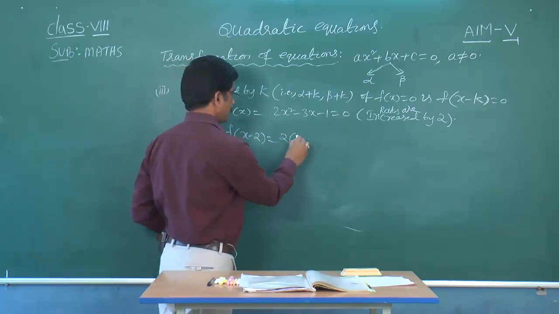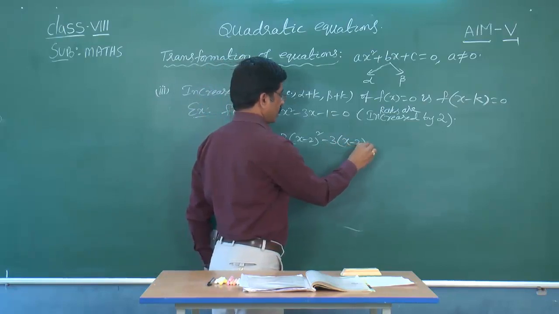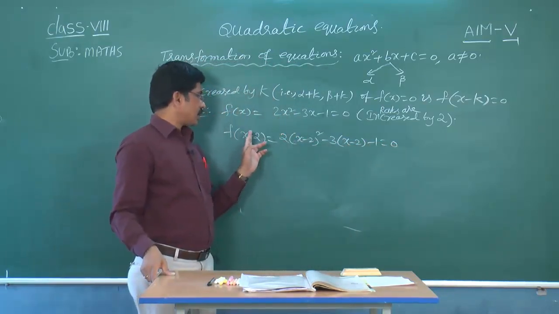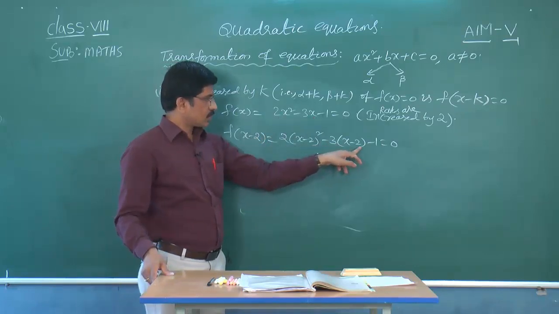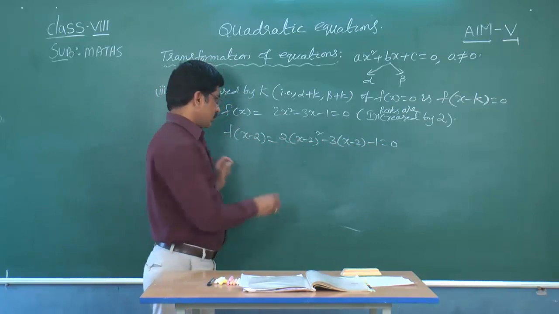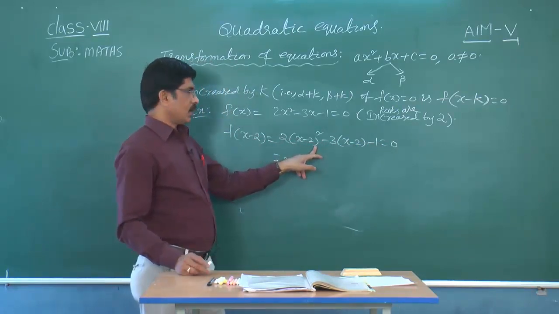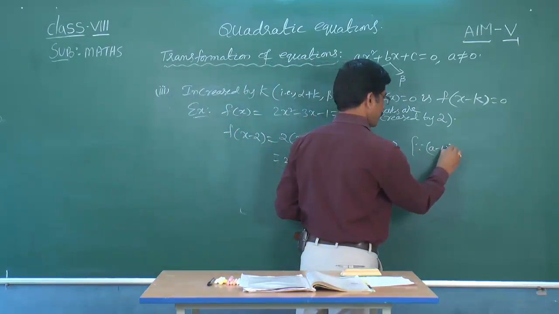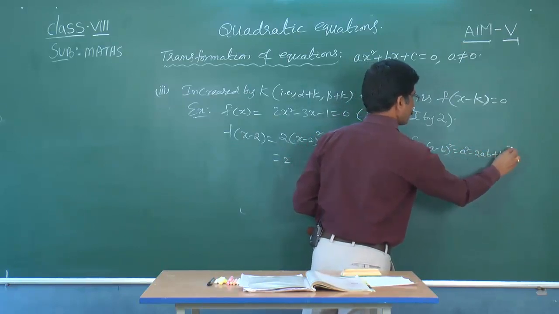2 into x minus 2 whole square minus 3 into x minus 2 minus 1 is equal to 0. Substitute x minus 2 in place of x. a minus b whole square is equal to a square minus 2ab plus b square.